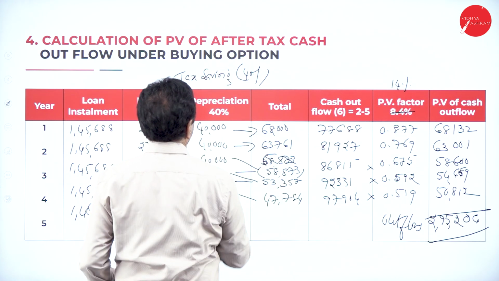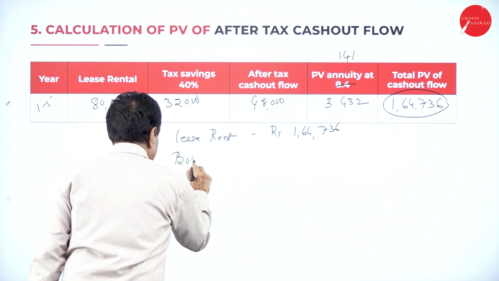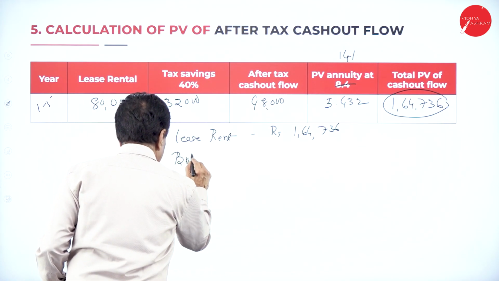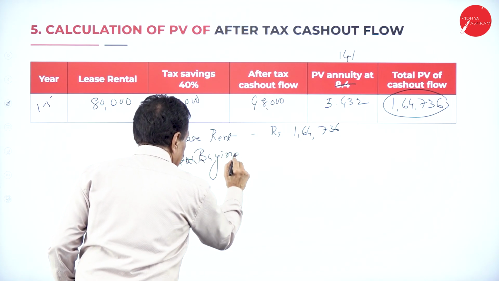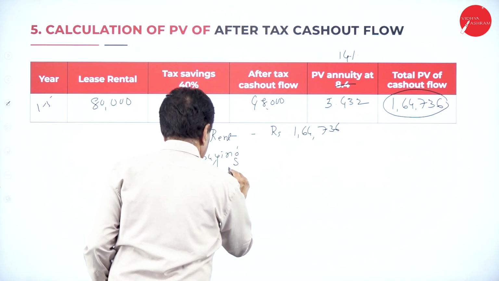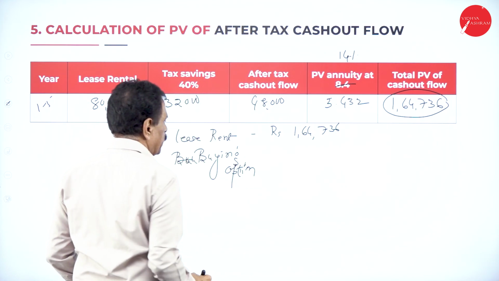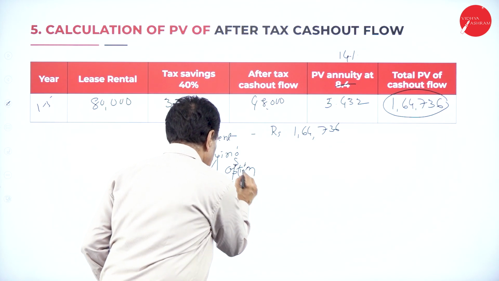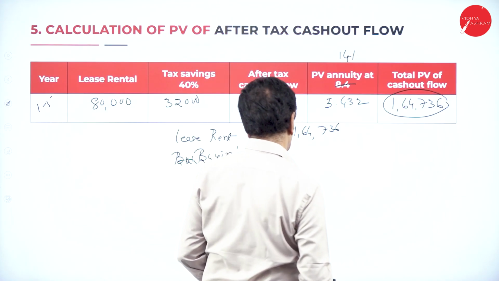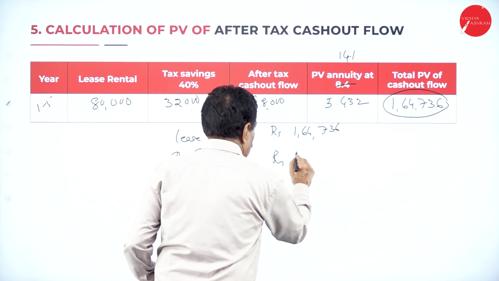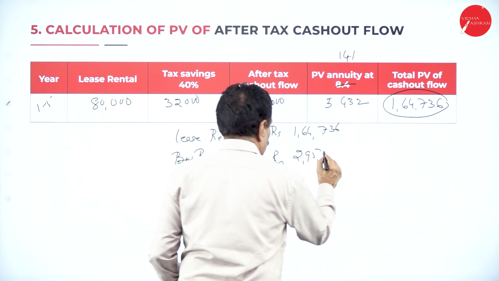This is the cash flow under the buying option: 2,95,204, 2 lakh 95,204.